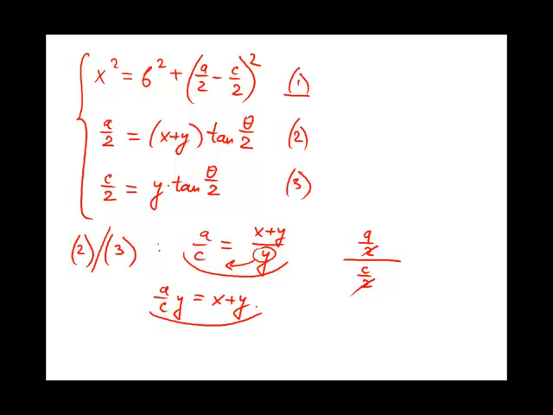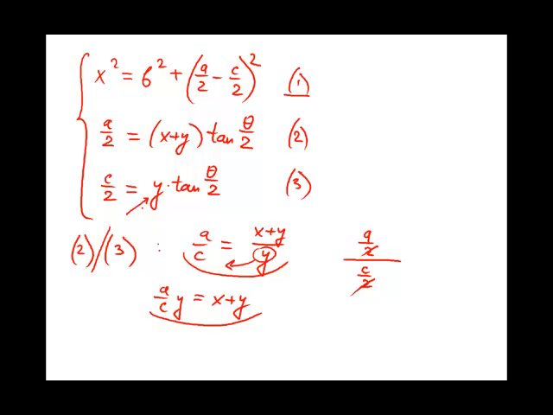So if I know x, I will be able to find y from here. Then after I found y, I will substitute it into equation 3. And from this equation 3, I'll get my angle theta. Now the plan becomes really clear to me.